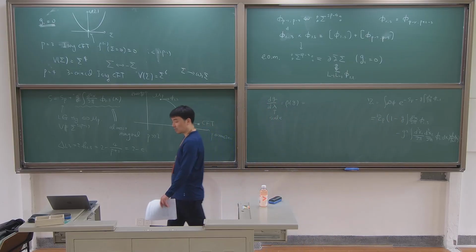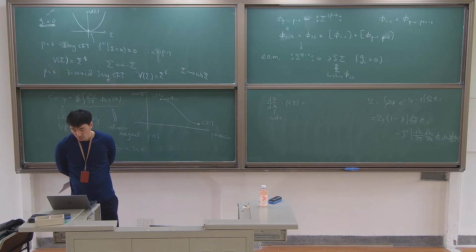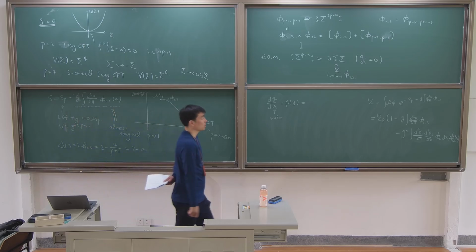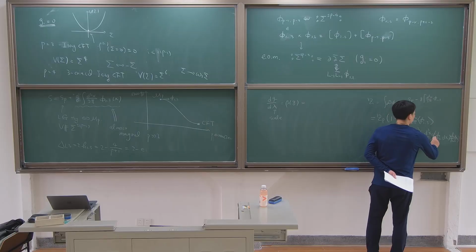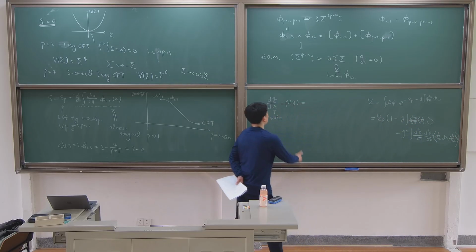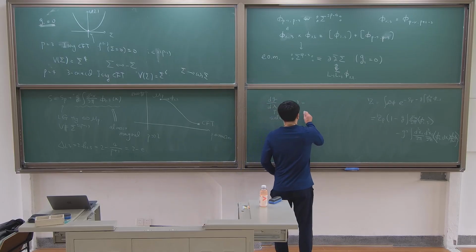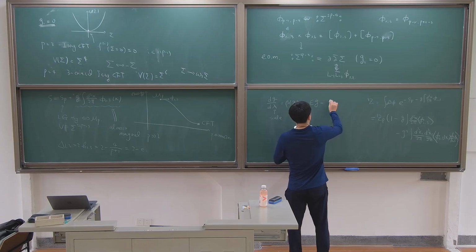If you compute this kind of perturbation theory, it's just a correlation function like this one, and one can compute this beta function. This is the exercise for homework 5.